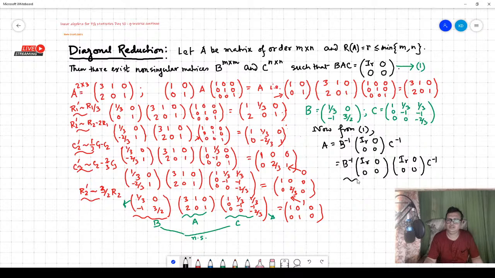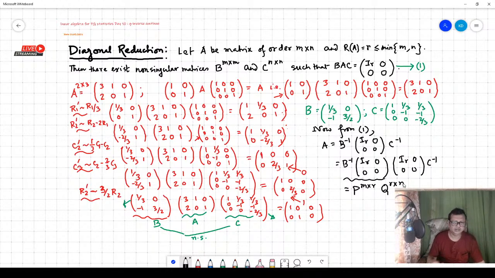So this is nothing but a capital P, and the order of P is M cross R, and Q is R cross N.